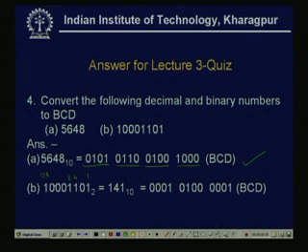That means the value is 141 in decimal. Once it is converted into decimal, in the same way each digit is replaced by 4 binary digits. 1 is 0001, 4 is 0100 and 1 is again 0001. So, this is my binary coded decimal value.